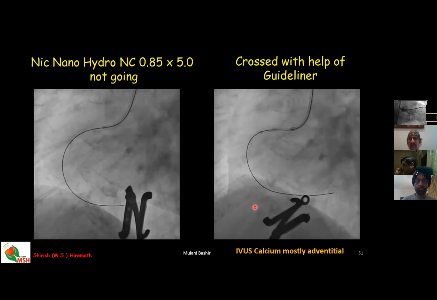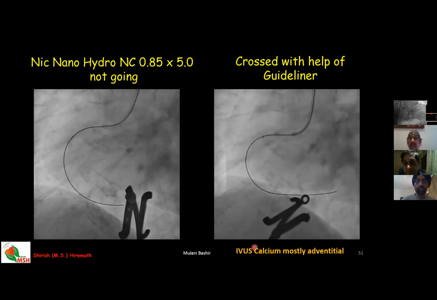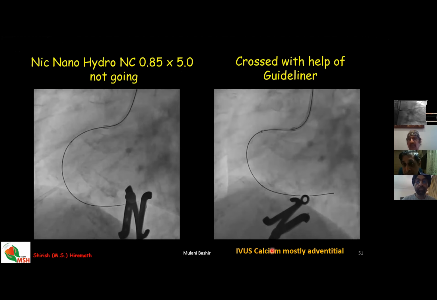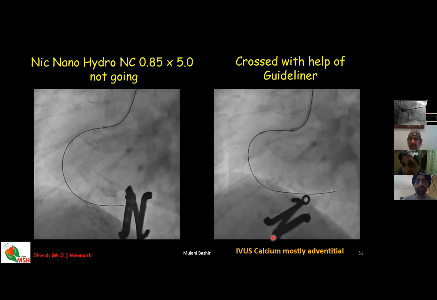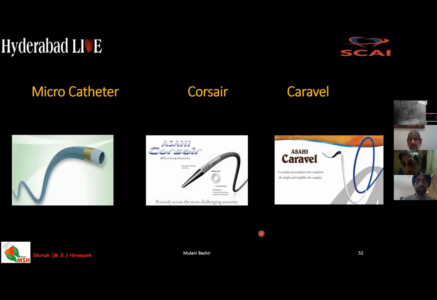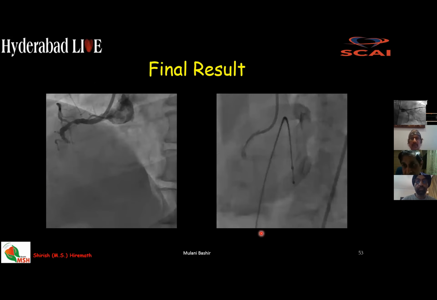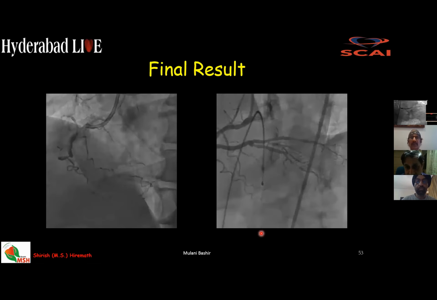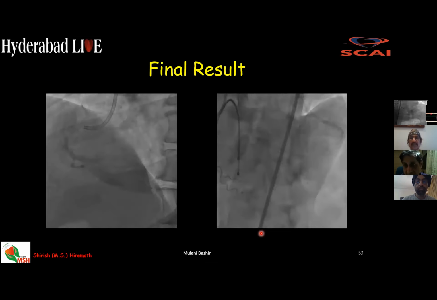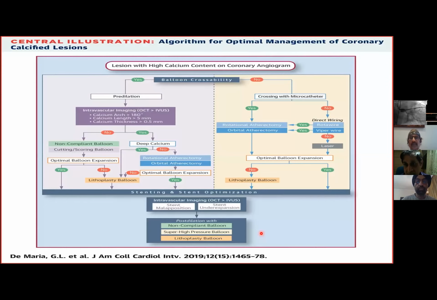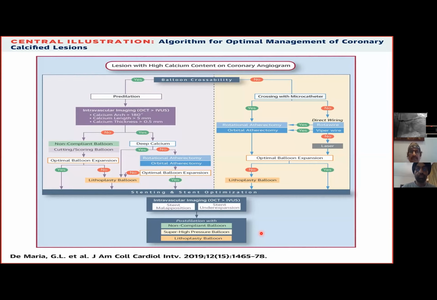After that, we did an IVUS, which showed that calcification was mostly adventitial. So this case was then done with OPN balloon, and you can see a good expansion. So these are the kind of algorithms that we use. If you're not doing imaging, you can take a feel with a conventional balloon.